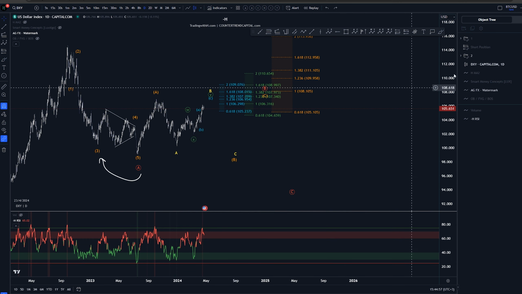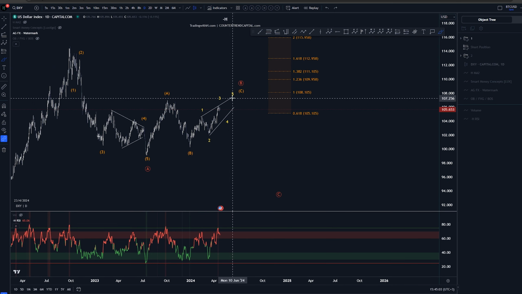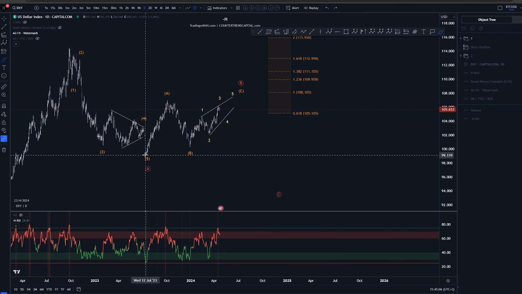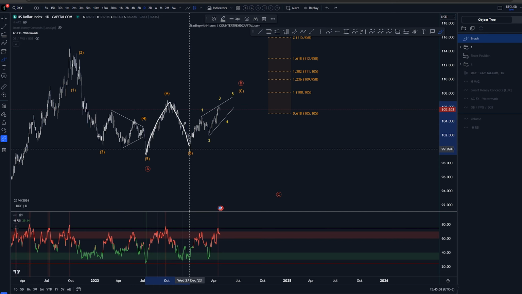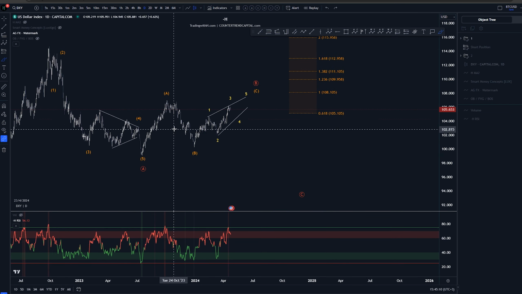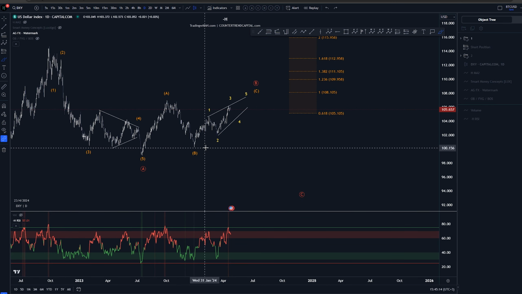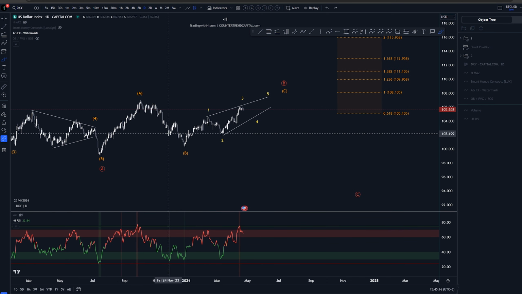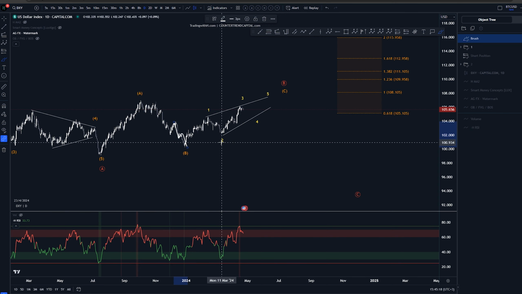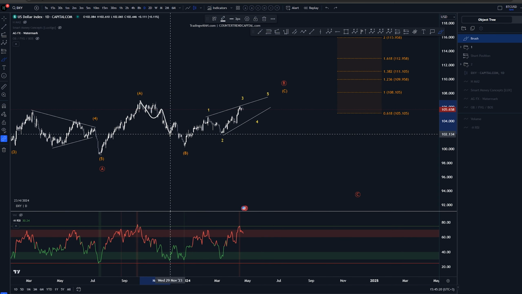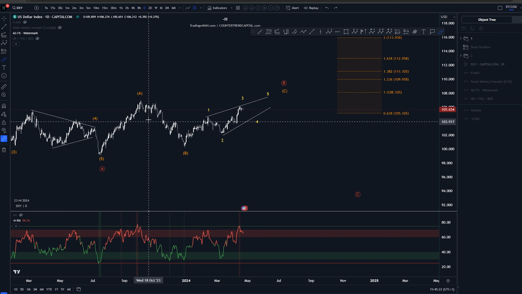The other way of looking at this is a very similar A, B, and C downwards, but instead we have this as an A, B, and then looking for C already. I don't particularly like the way this would be labeled downwards, but there are scenarios where this looks more like a 3-wave, and you can easily conjure this one as a 3-wave as well.